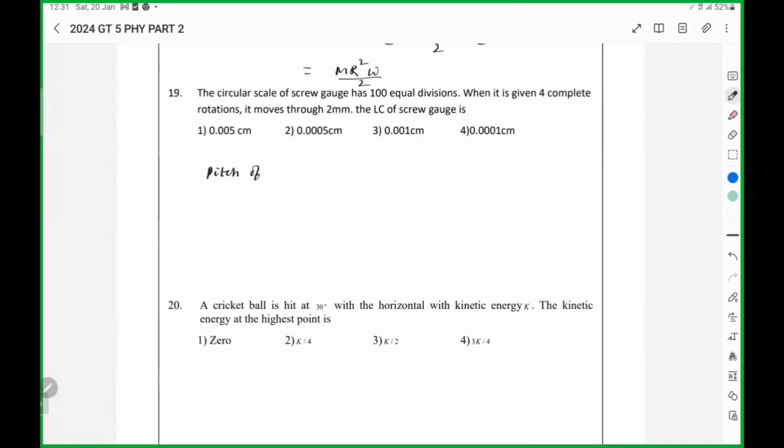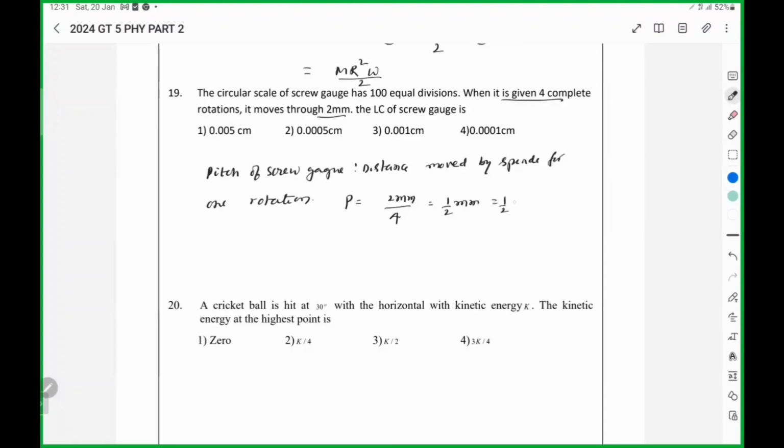Here, pitch of screw gauge is distance moved by a spindle for one rotation. So for complete rotations, it moves 2 mm. For one complete rotation, how much it moves means half mm, half into 10 power minus 3.